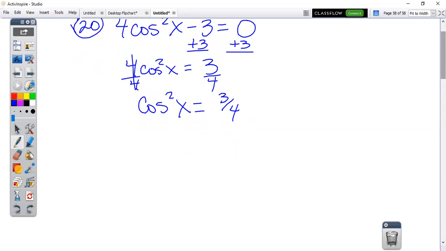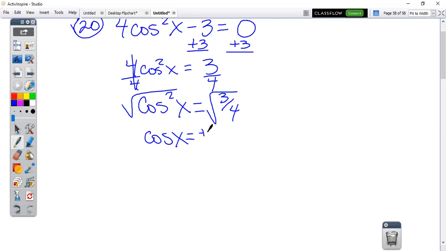You can use your inverse too, but we're using our chart. So you just take your square root. This will be the cosine of x. It is highly, highly important that when you put these answers over here, you put plus or minus, okay?